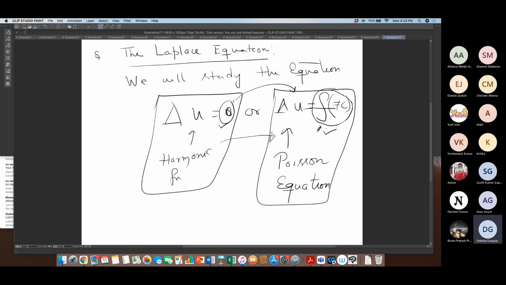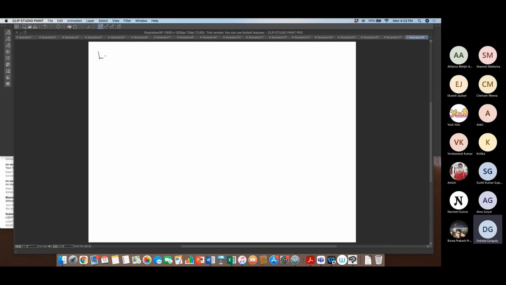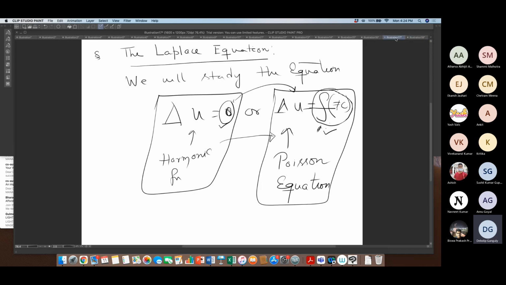So understand? Okay. A simple lemma is how I can convert to a Poisson equation. Let's see. Of course, first question is Laplacian u equal to 0, right, in Rn. You know there are some functions that satisfy it, as you say: u is a constant function, u is a linear function, and all those things.